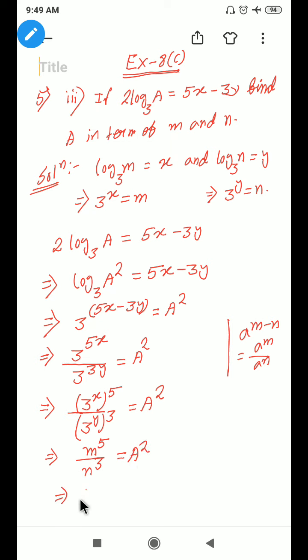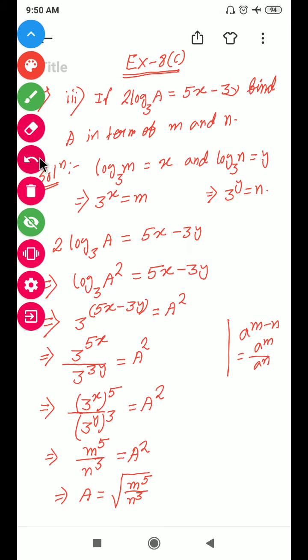Now a square is equal to m to the power 5 divided by n cube, so a is equal to root over m to the power 5 divided by n cube. So this is our solution. Because they are asking you to find a in terms of m and n, here we have already found a in terms of m and n.